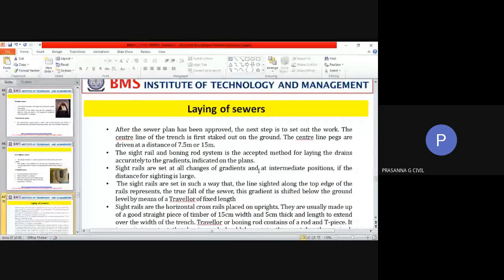So why are gradients important? Now, when you are laying the sewer line, if you lay it as the road goes, sometimes the water may not flow.